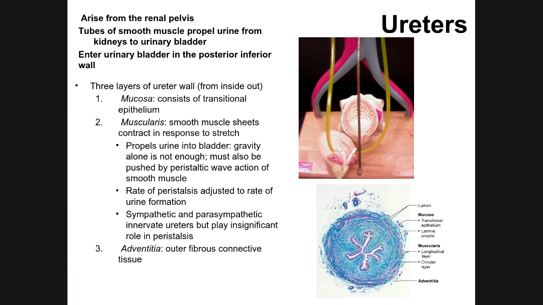It must also be pushed by a peristaltic wave action of smooth muscles. And the rate of this peristalsis adjusts to the rate of urine formation. It is also under parasympathetic and sympathetic innervation.